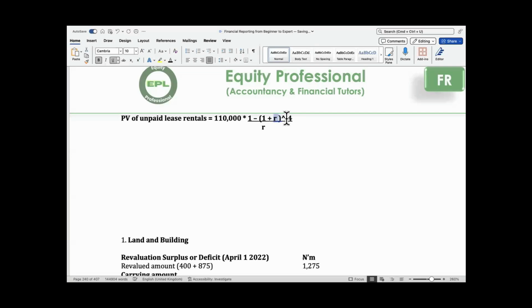But since the first payment has already been paid in advance, it's the remaining 4 payments that we need to discount to present value. So you press your calculator: 1.1 raised to power minus 4, equals. You then do 1 minus the answer, equals. You then do divided by 0.1.